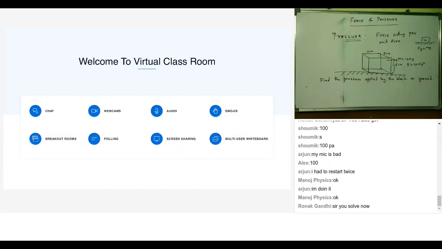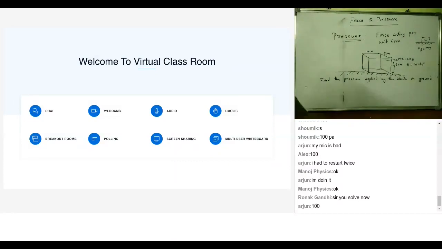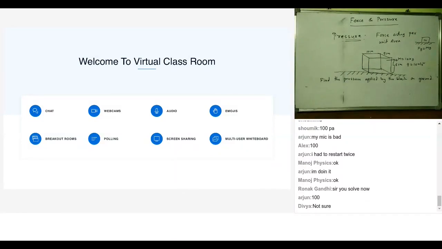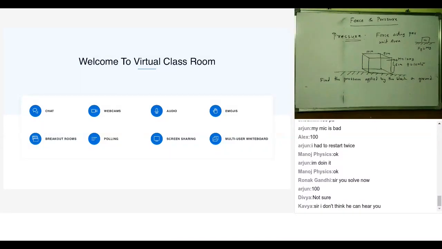Okay, Ronak, I'll solve it because I see a couple of people are still solving. Arjun goes with 100. Divya, what is your answer? Ishan, please type your answer. Kavya, yes, your answer. Akriti, fine.